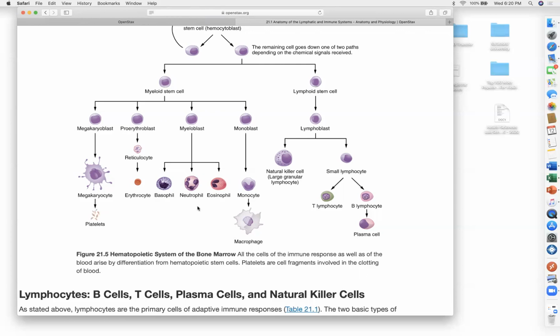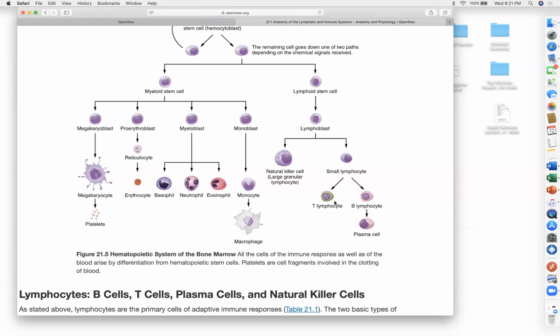So you have basophils, neutrophils, and eosinophils. Those are your granulocytes. Now, what are your agranulocytes? Those are your lymphocytes. One example of a lymphocyte is your NK cell, or natural killer cell. We're going to talk more about that in a moment.